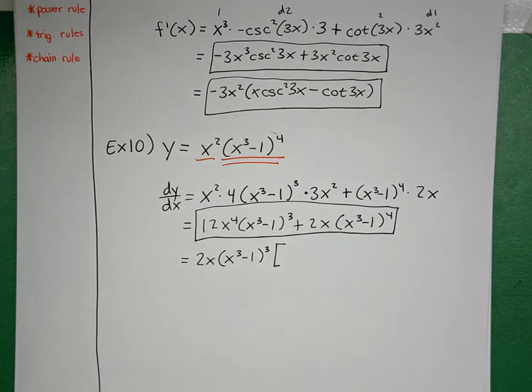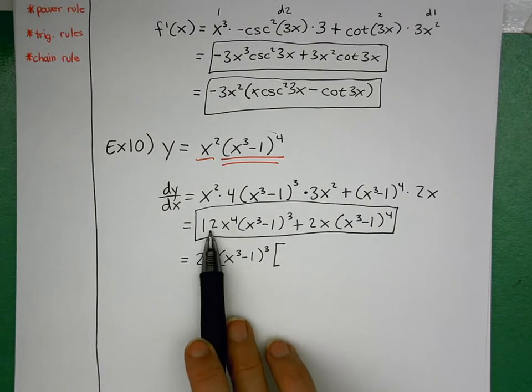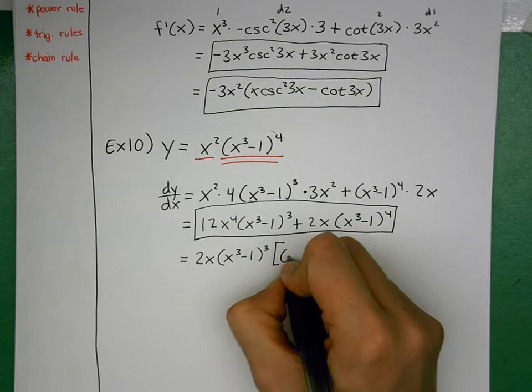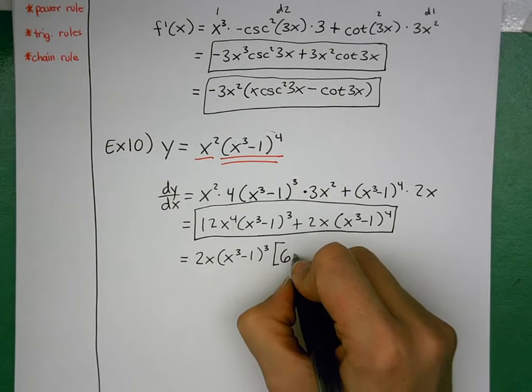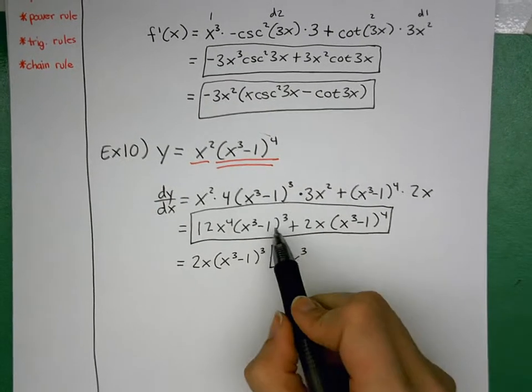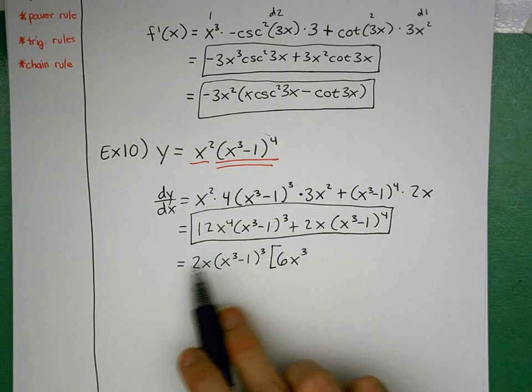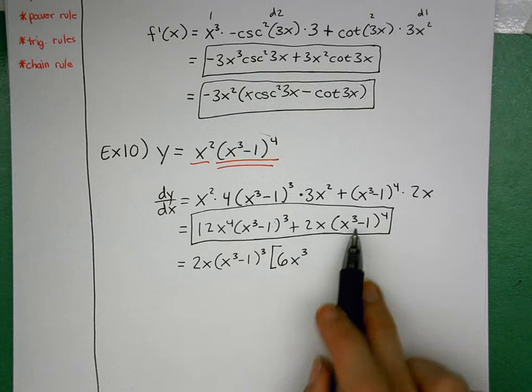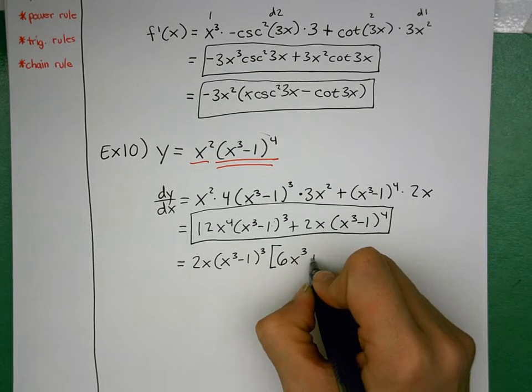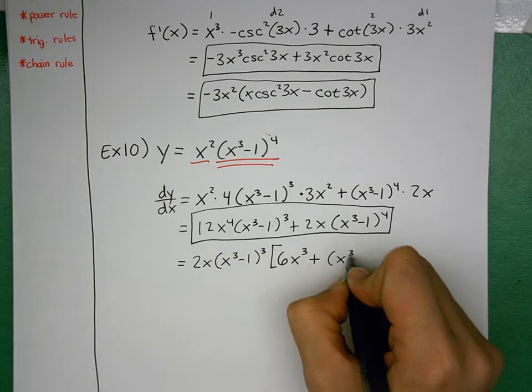In my first term, pulling out a 2, I'd have a 6. In an x, I'd have an x cubed. All 3 of these x cubed minus 1s got pulled out. In the back, the 2 got pulled out, the x got pulled out, 3 of the x cubed minus 1s got pulled out, and so that leaves me with x cubed minus 1.